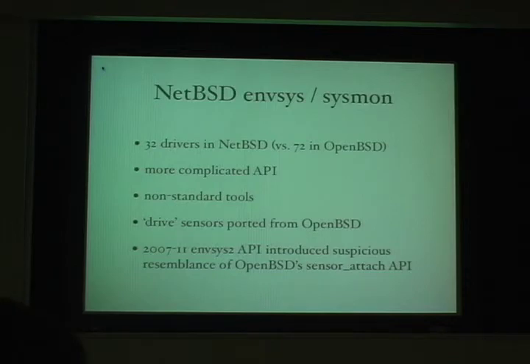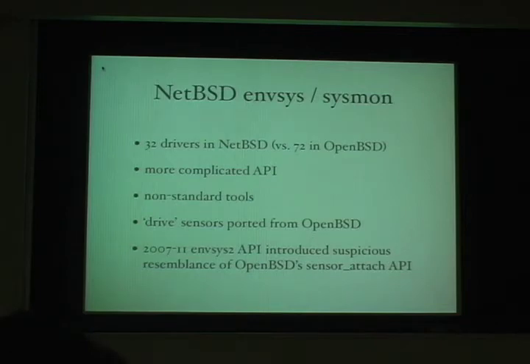If your computer has some interesting I2C sensor chip, then most likely it is supported in OpenBSD. You just boot OpenBSD and all of those drivers may just appear in sysctl hw.sensors. Whereas in NetBSD, you have to know which address the sensor device is located at, and which sensor device it is. And you need to manually enable the drivers using that specific address so that it works.